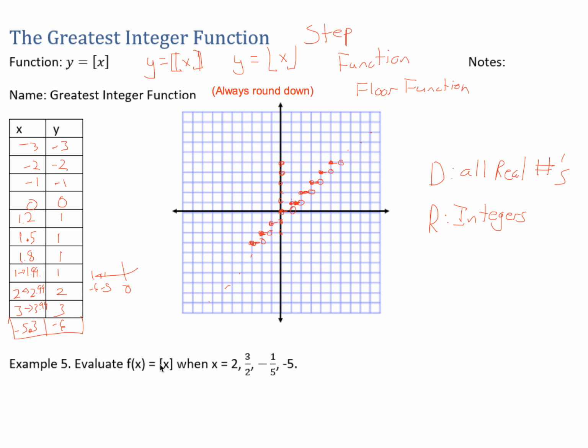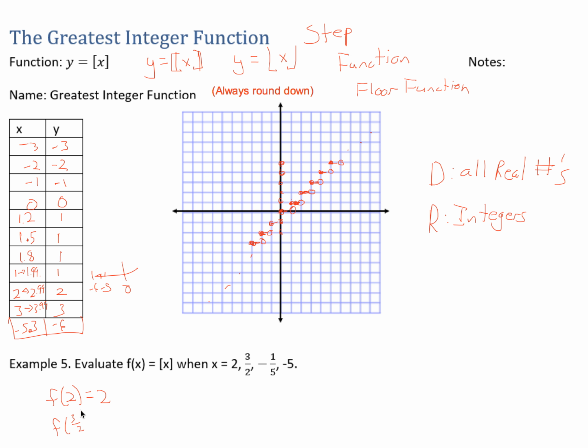All right, our last example here, we're using these brackets, so this means the greatest integer function. Or here we can think especially round down, so we want to evaluate all these. So f of 2, if we round 2 down to the nearest integer, we get 2. F of 3 halves.